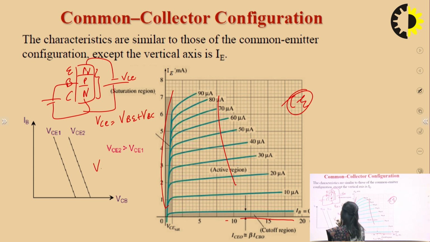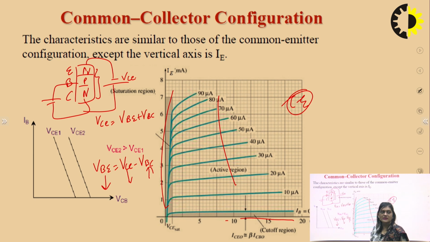So VBE is equal to VCE minus VBC. So if we keep VCE constant and we continuously increase VBC, then VBE will automatically decrease.